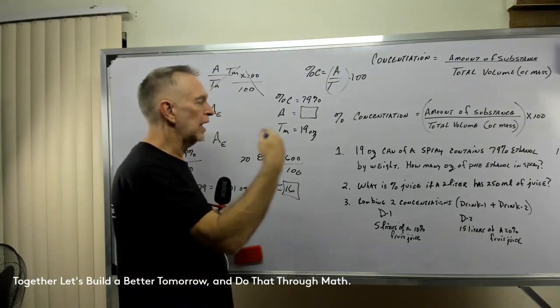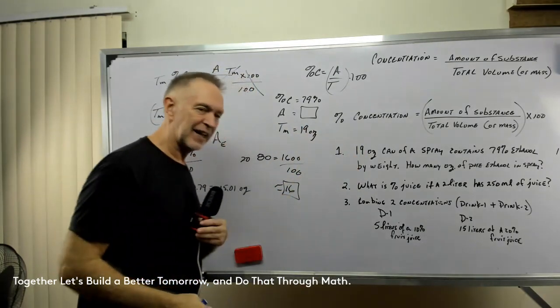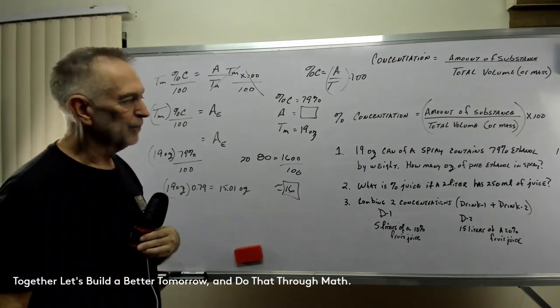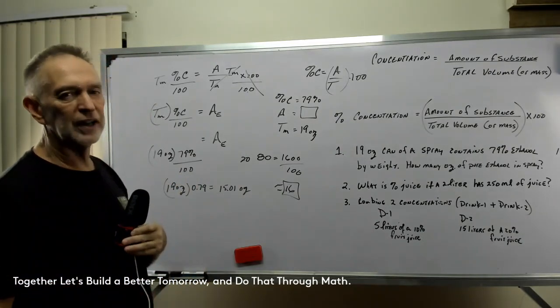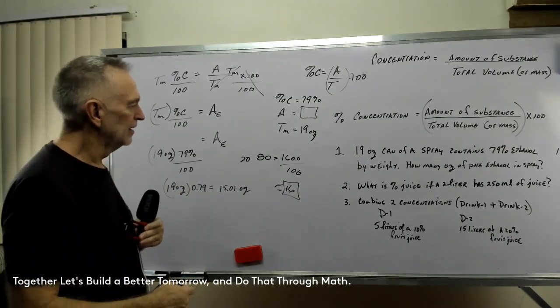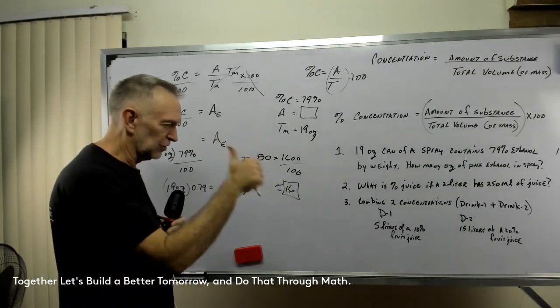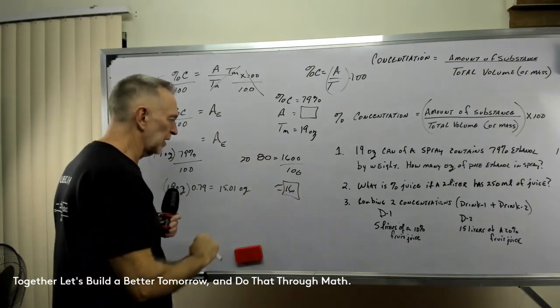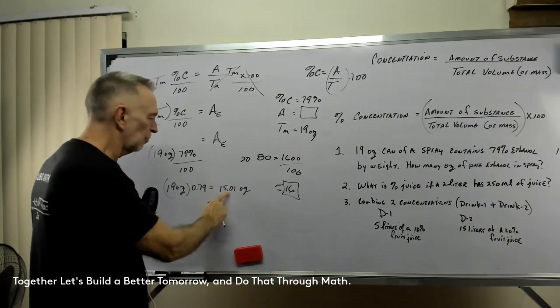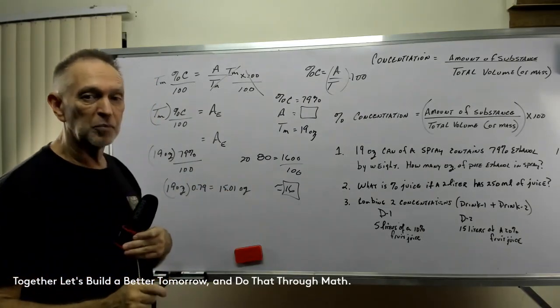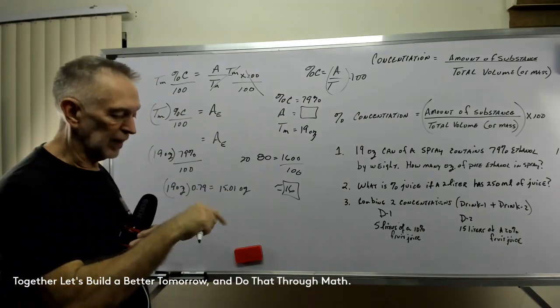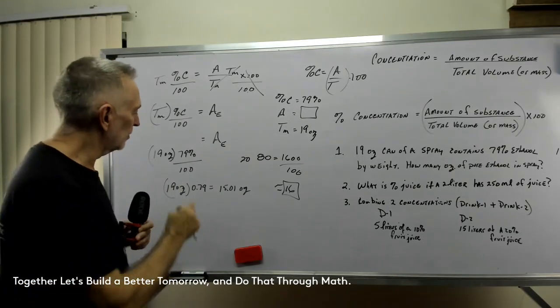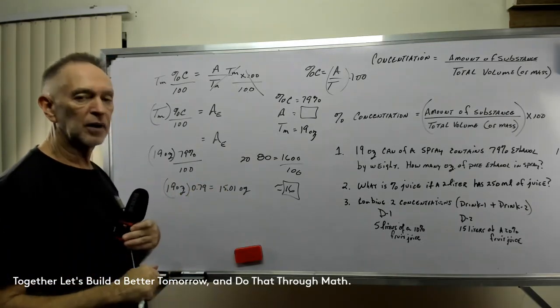So I don't have more than what's in the can. I have less. So it has to be a number less than 19. But this gives me a good rule of thumb. I'm somewhere around 16. So my 15.01 is a believable answer. If I punch that in my calculator and get that, I can believe that.